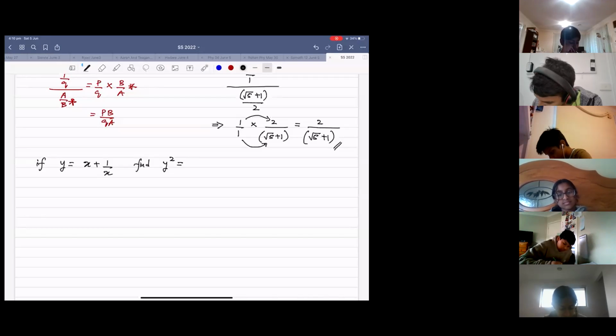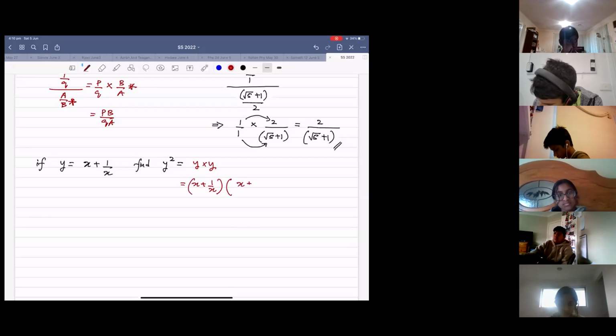X squared plus 2 plus 1 over x squared. Perfect answer. Correct. So y squared is y times y. So y would be x plus 1 divided by x times x plus 1 divided by x.